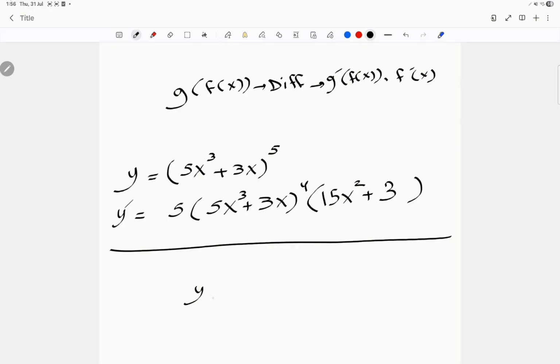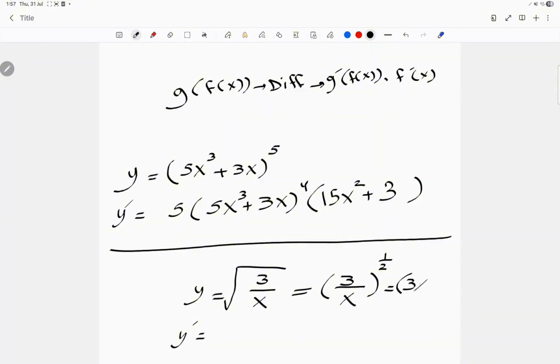Let's do y is equal to the root of 3 over x. Find the y prime. So look, that's going to be (3 over x) to the power of half, or essentially (3x to the power of negative 1) to the power of half. That's before differentiation, by the way.